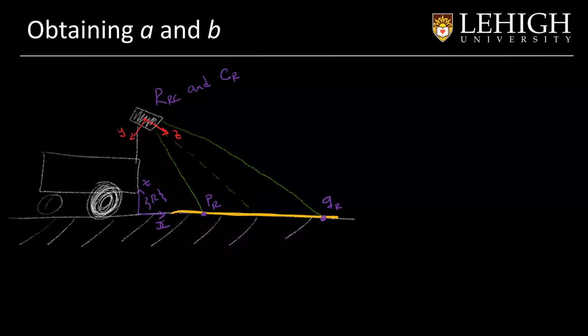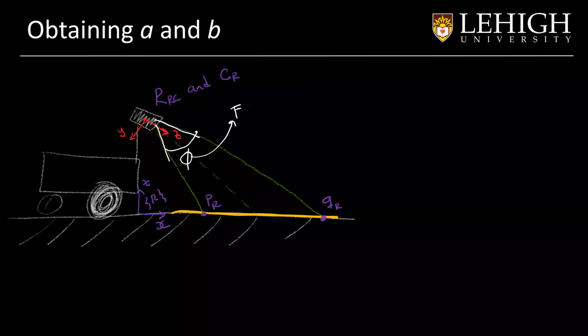Since the y-axis of the robot frame and the x-axis of the camera frame are aligned, if we know the tilting angle of the camera, we can obtain PR and QR by simple geometry using the field of view that we can write down like this, and we can represent as phi.